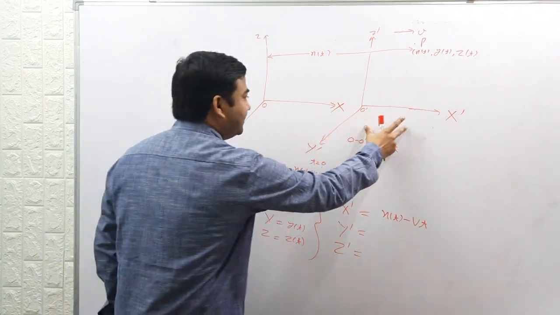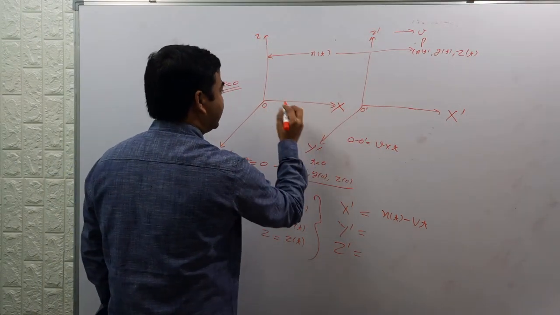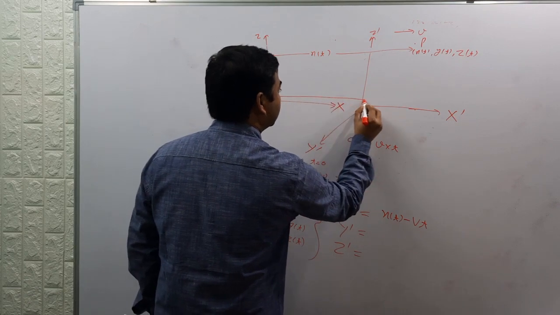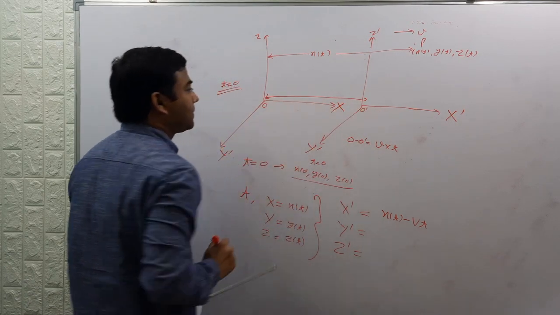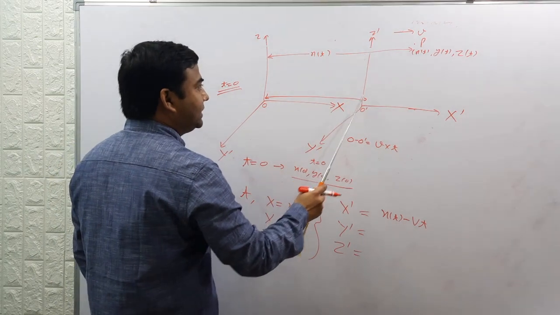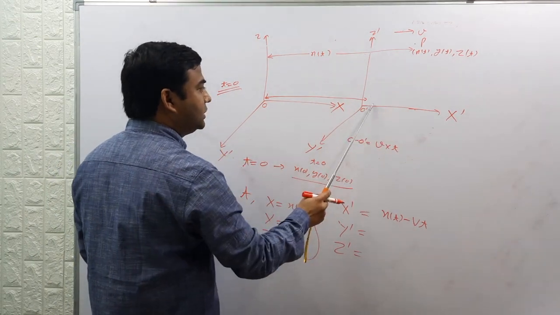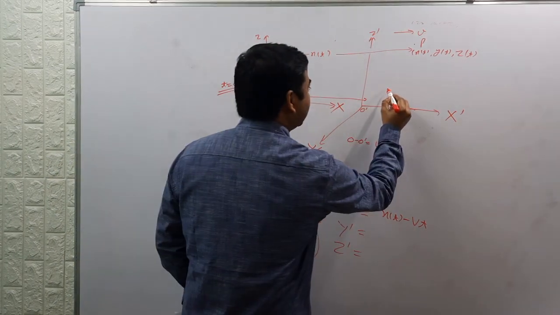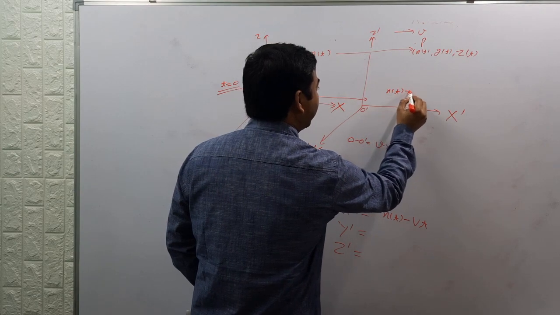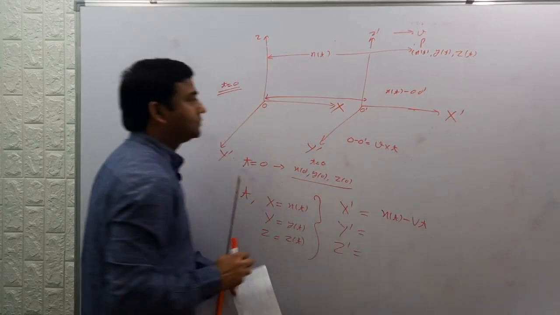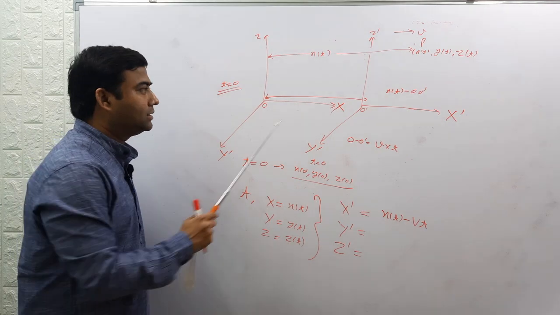But this frame has moved OO dash distance, this distance. So the x coordinate of this point relative to this frame will be x(t) minus OO dash. That is very simple to understand.